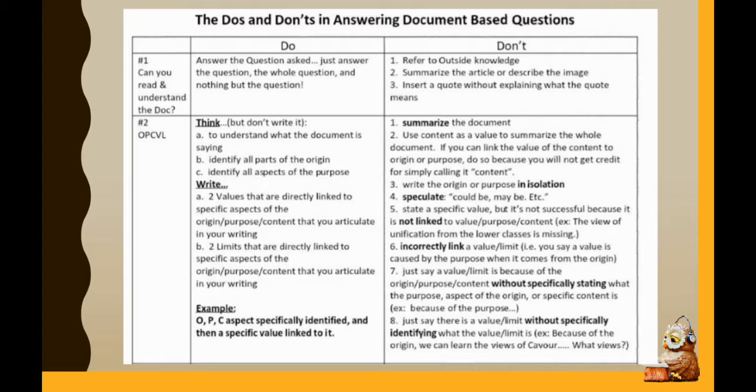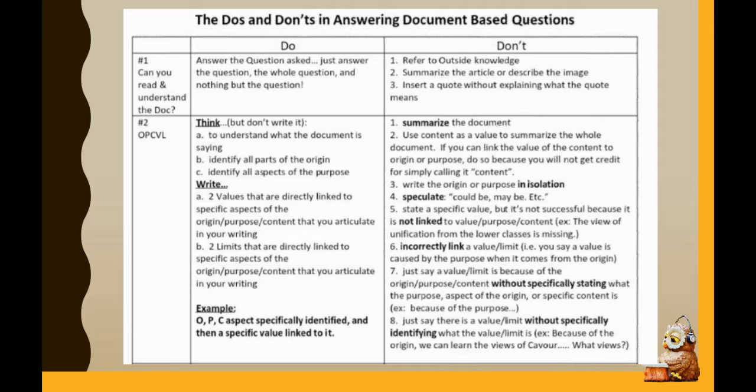And don't state a specific value but not link it to origin, purpose, or content. Example like the view of unifications from the lower classes is missing. And then don't incorrectly link a value or limit, like you say a value is caused by the purpose when it comes from the origin. And then don't just say a value or limit is because of the origin, purpose, or content without specifically stating that the purpose, aspect of the origin, or specific content is, for example, because of the purpose and so on.